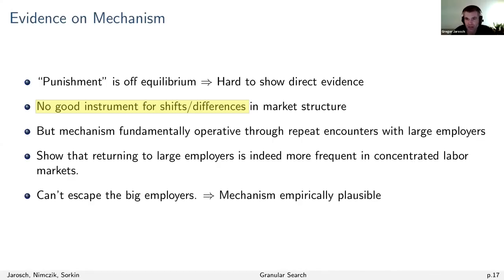What we show in the data is a measure we call a re-encounter rate, which measures how often workers, along their entire career path, return to the same shop after having worked elsewhere. And we show that this is much more frequently the case in more concentrated labor markets. So we argue that this evidence makes the mechanism empirically plausible.